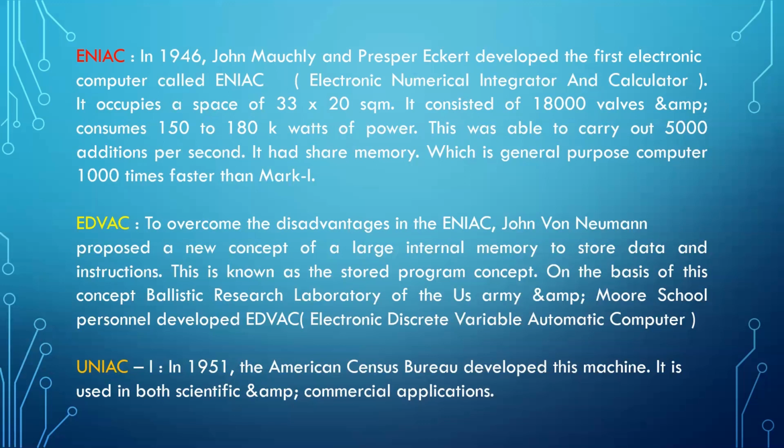If you compare this ENIAC with the previous device, Mark 1 developed by Aiken, this ENIAC is 1,000 times faster than Mark 1. So yesterday we stopped here. Today we also revise that ENIAC.